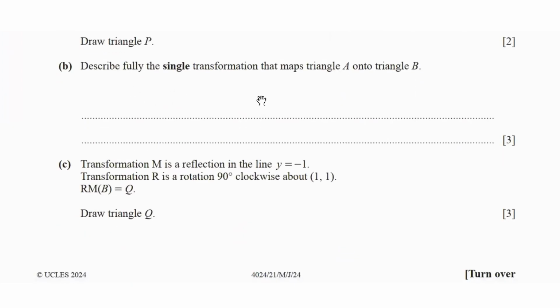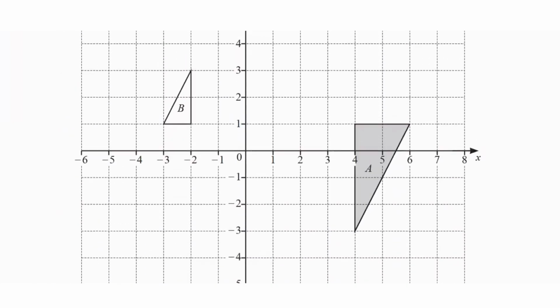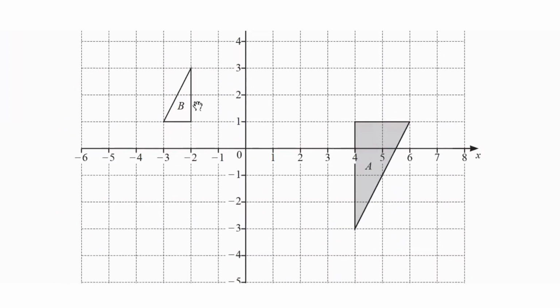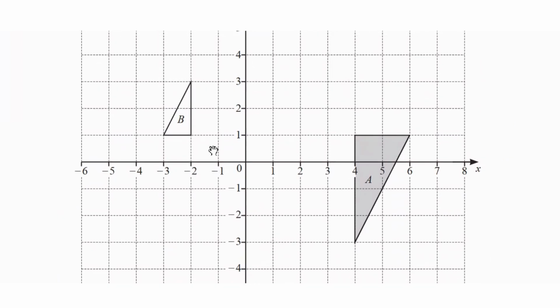Describe fully the single transformation that maps triangle A onto triangle B. So if we compare triangle A and triangle B, we can clearly see that triangle A is an enlargement of triangle B. And the scale of enlargement is going to be -1/2. Why -1/2? Because over here, it's on the negative x-axis.